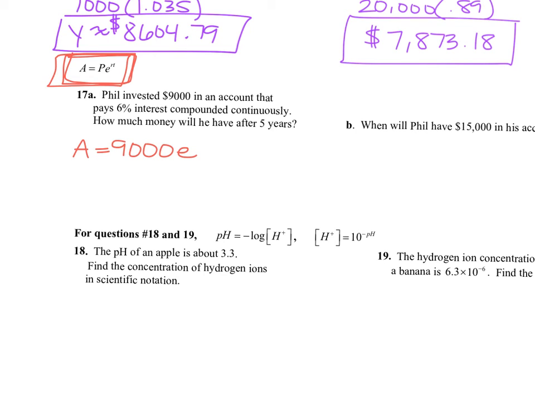What's r? 0.06 is your rate. And then your time is 5, okay? So plug that in, 9,000 times e to the, and then make sure the 0.06 and the 5 are both exponent, right? They should be superscript. What do you get for that?